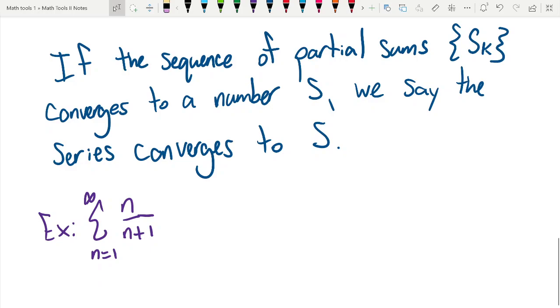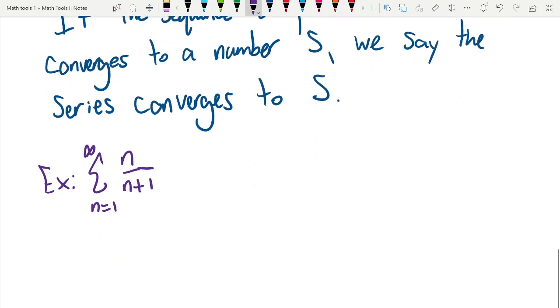So note the difference here. Now, this is our initial sequence of the terms that we're adding. Before we do that, I just want to point out, if we just think about the behavior of this sequence, we know that the inside sequence n over n plus 1 is going to 1 as n goes to infinity.